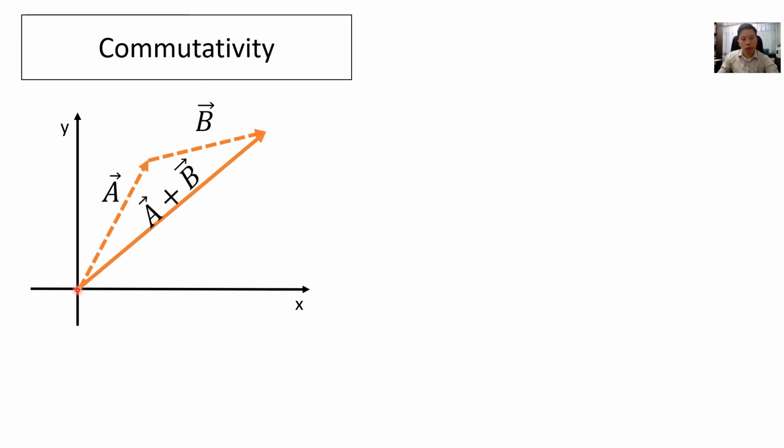In order to go from this point to this point, you don't necessarily have to use this pathway, but you can also use a third option, which is going B first. Recall that this vector B and this one are the same vector B, and here you go B first, and then you go A, right? Therefore, A plus B is equal to B plus A, right?